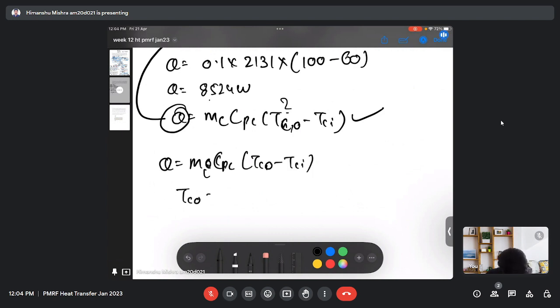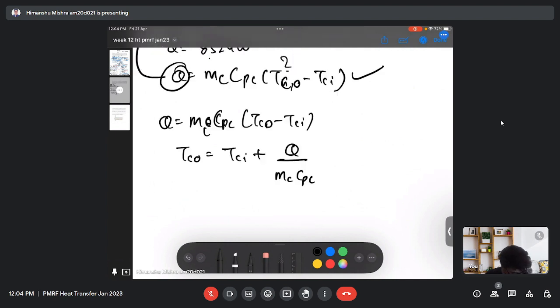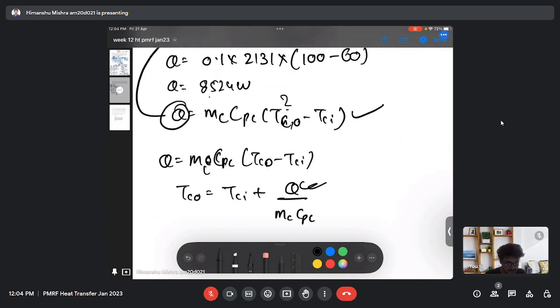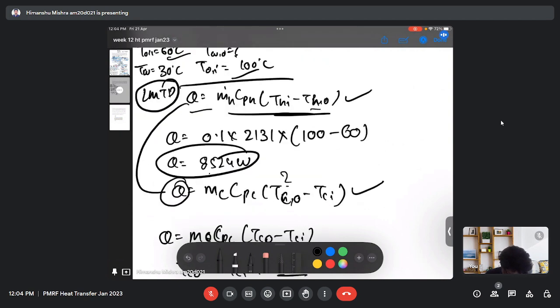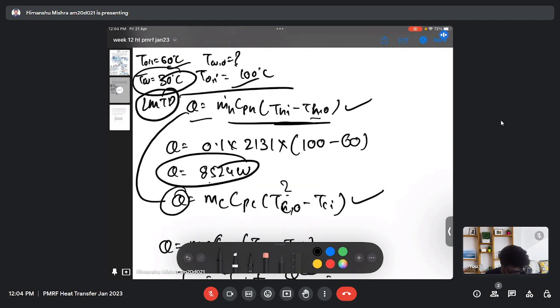So my outlet cold temperature is this. We already know this, which is 8524 watt. My inlet cold temperature is 30 degrees Celsius.